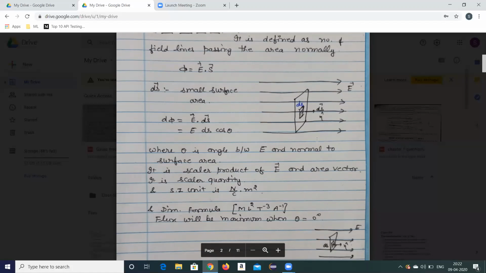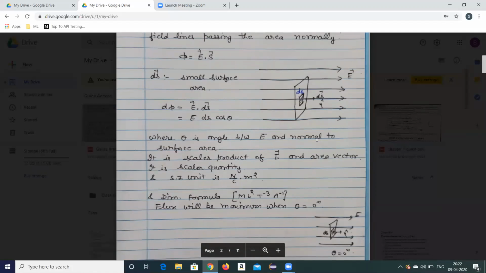d phi is the dot product of E and ds, that is E ds cos theta, where theta is the angle between E and the normal to the surface area. It is the scalar product of E and area vector. It is a scalar quantity and its SI unit is Newton per coulomb into meter square.